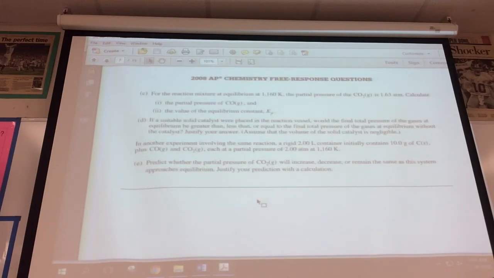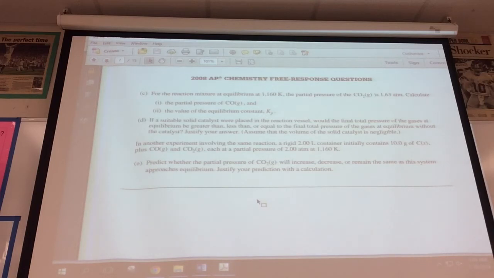Look at this. It says, if a suitable solid catalyst were placed in the reaction vessel, would the final total pressure of the gases at equilibrium be greater than, less than, or equal to the final total pressure of the gases at equilibrium without the catalyst? Equal. Why? Because the catalyst only changes the activation energy of the reaction. Definitely on the right track.